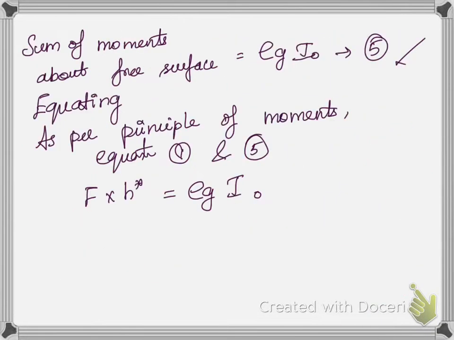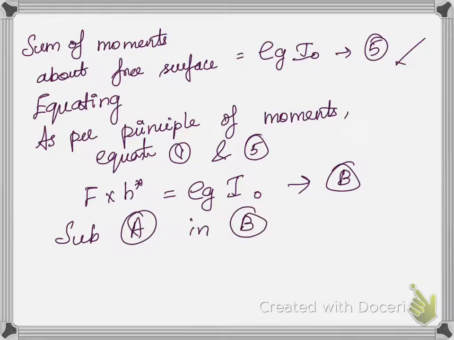Okay, so I'll keep the other one as B. Substitute equation A in B. So instead of F, I can substitute, I am writing it once again, rho G A H bar.